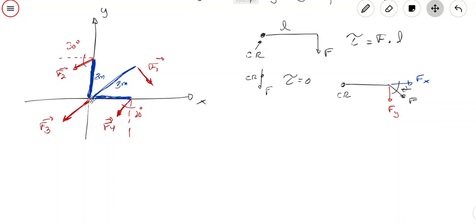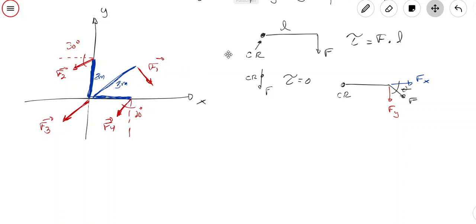The force F3 is not doing torque because it's passing through the point with respect to which we are calculating the torque, right? The force F1 is perpendicular to the bar, so just the product of the force F1 times the length of this bar gives the torque with respect to this point. And the force F4 is at 20 degrees with respect to the vertical, so only the y component of this force F4 will be doing torque with respect to this center. The horizontal component will be passing through the center, so it's not going to do torque.